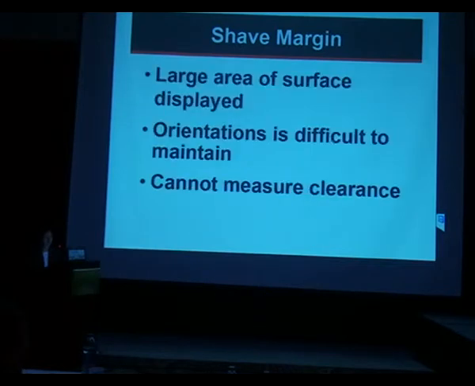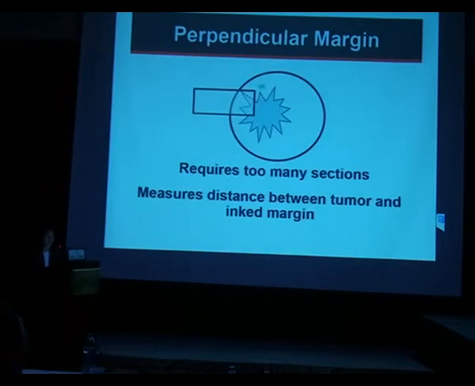But for the closest margin, we would prefer to have a perpendicular margin where you can see the tumor and the ink margin, so you can make an assessment of how far it comes. Because sometimes grossly the tumor is 2-3 millimeters away, but then there is an in-situ component around it, and when you do the frozen section, you see the tumor right at the margin.